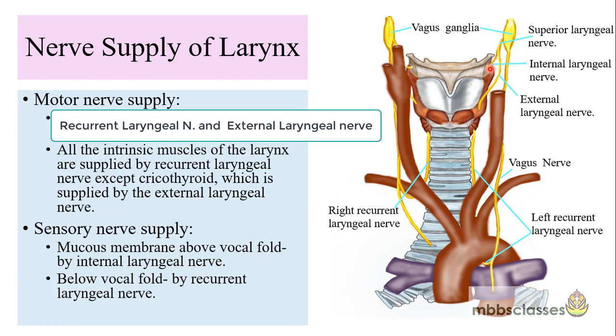So this is the internal laryngeal nerve that pierces the thyroid membrane and goes inside and supplies the sensory component of the larynx above the vocal fold, and below the vocal fold the recurrent laryngeal nerves give rise to sensory nerve supply.